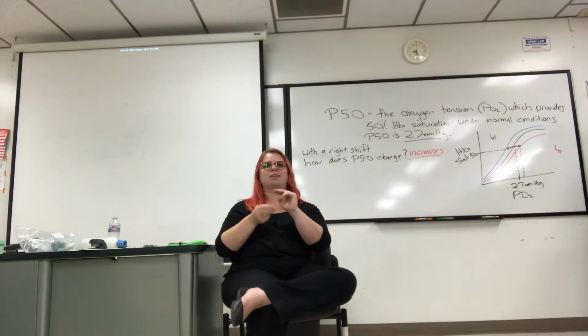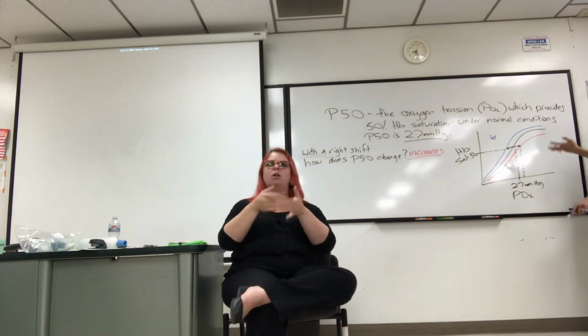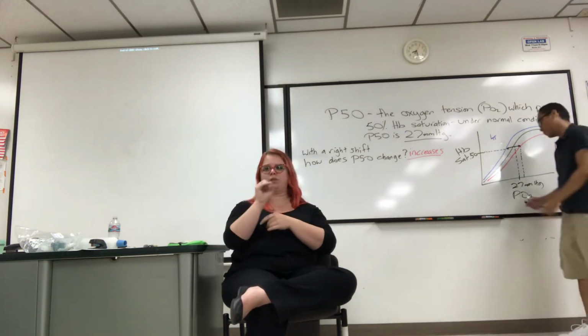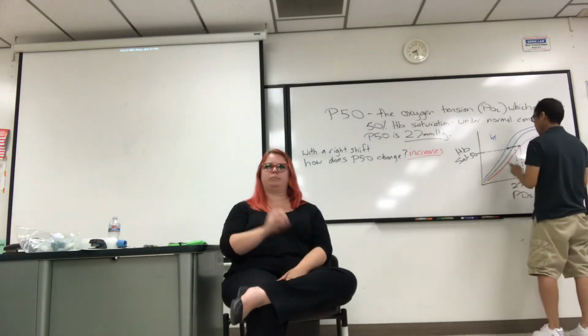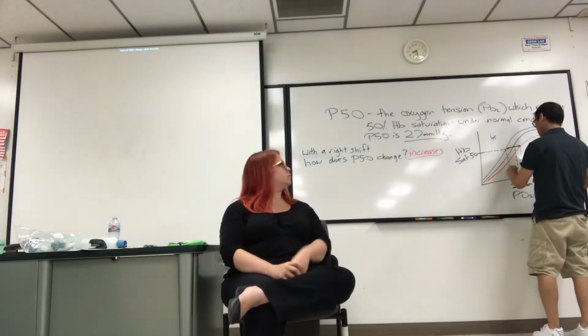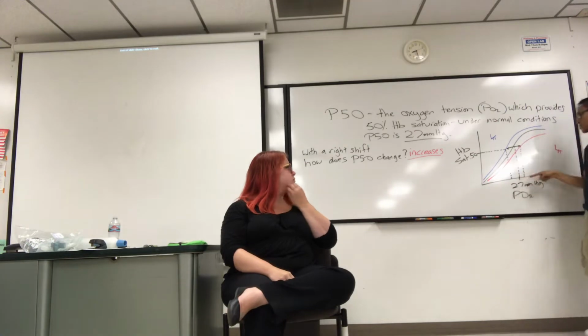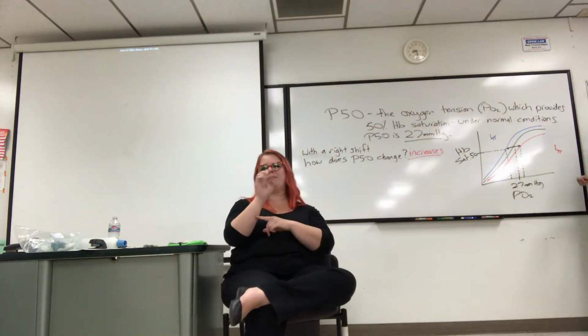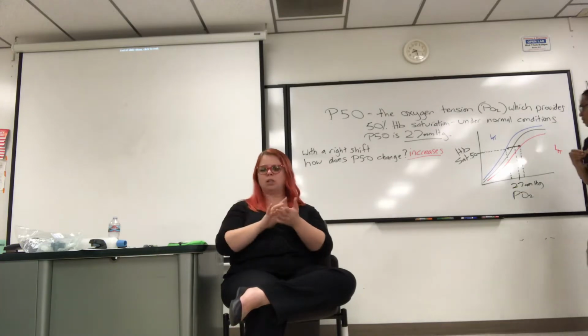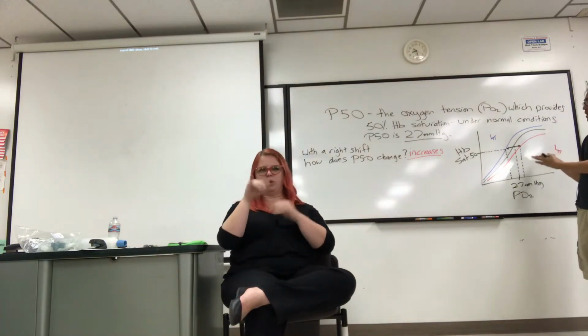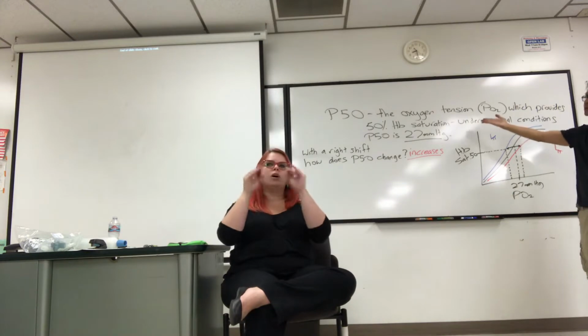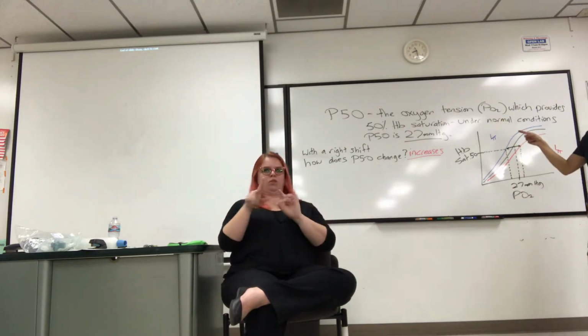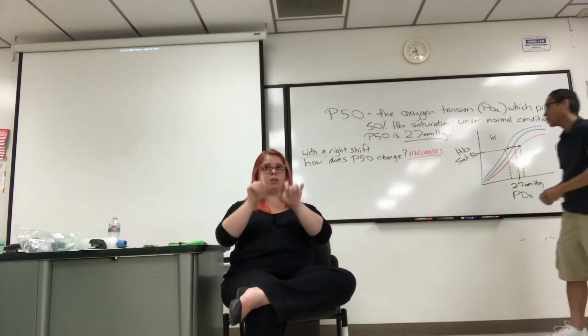Now it takes less oxygen to saturate at 50%. Okay, that's the point. P50 is just kind of a benchmark in medicine. I taught it basically, but I didn't mention P50. So that'll come up on your test. That's why I wanted to mention it.